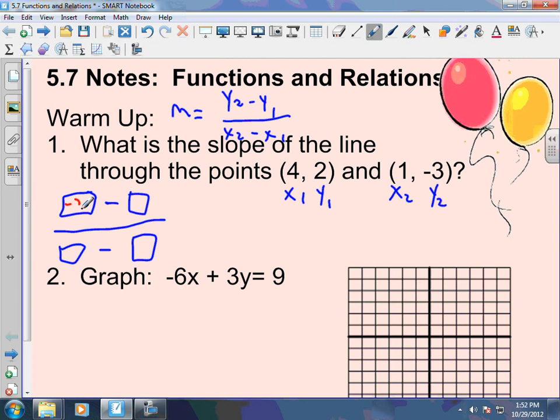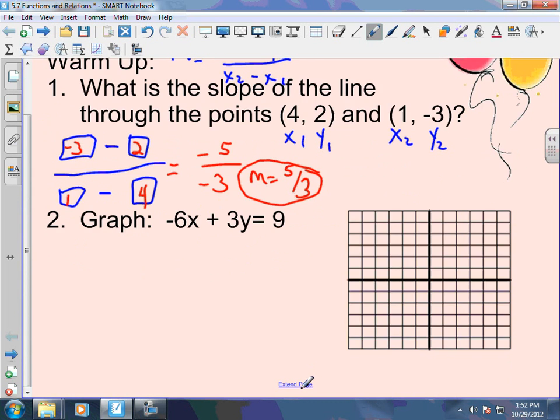Y2 is -3, y1 is 2. x2 is 1, x1 is 4. So this equals -5 over -3. Now if you put that on the test, I'm going to count it wrong because negative over negative is a positive. Your answer has to be 5 over 3. That's your answer. Okay?